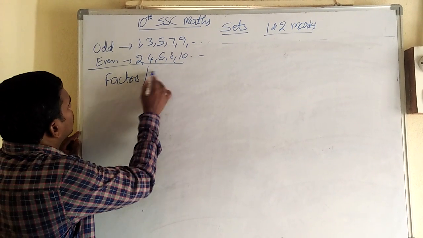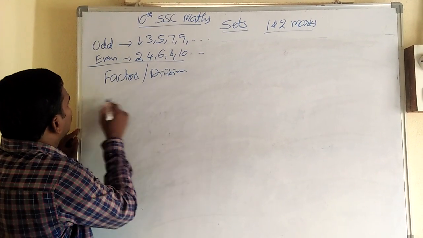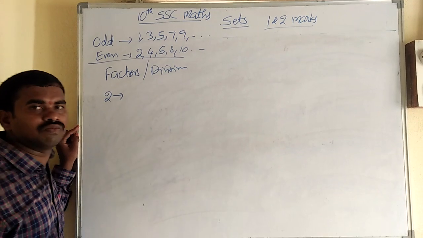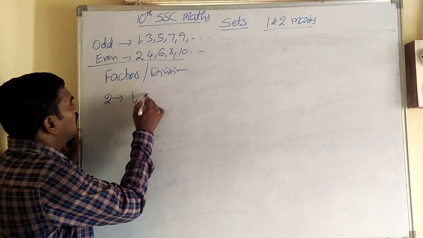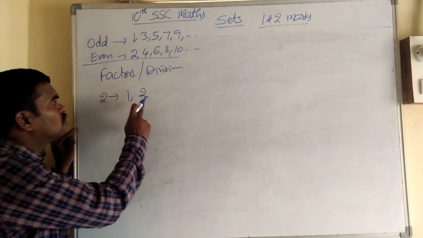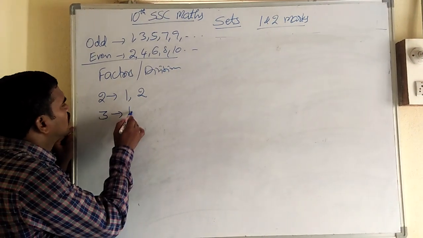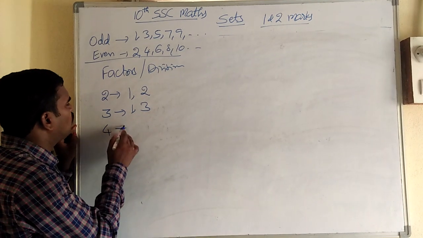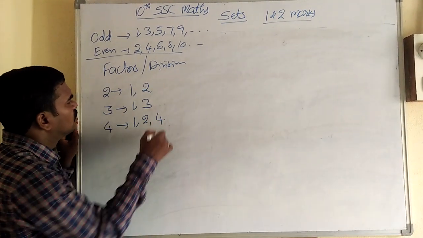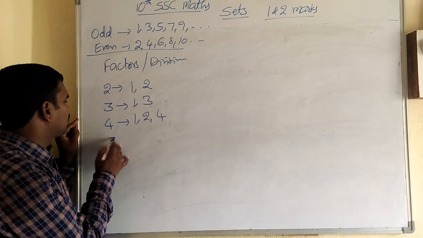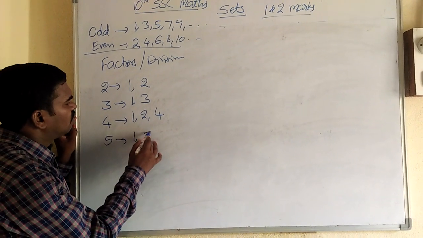like factors or divisors. For example, what are the factors of 2? It comes in the one table and the two table. So 1 and 2 are the factors of 2. Then what are the factors of 3? 1 and 3. Factors of 4? 1, 2, 4. Factors of 5? 1, 5.